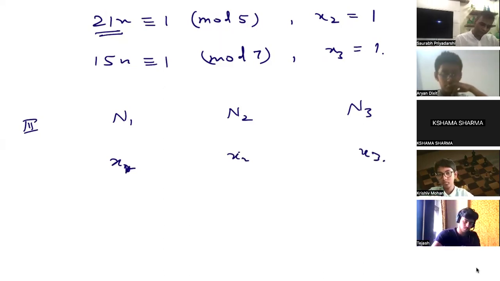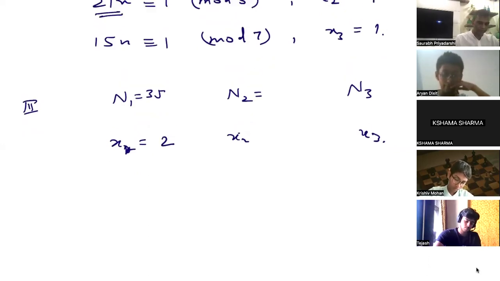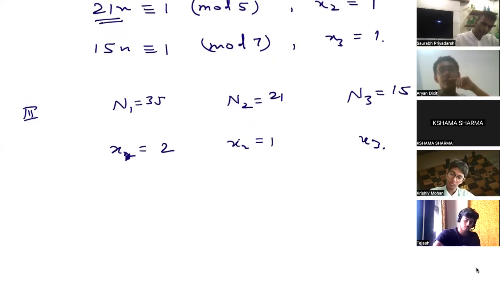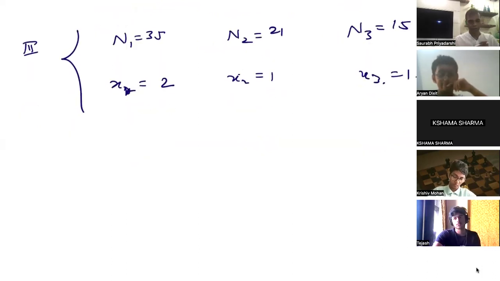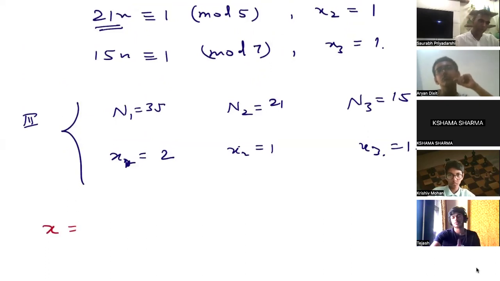For the first case, n1 is 35 and x1 was 2. Then 21 and 1, and 15 and 1. So we are finding n1, n2, n3, x1, x2, x3. Now your solution is x equals, whatever numbers you are getting. Now, write down up to this step.